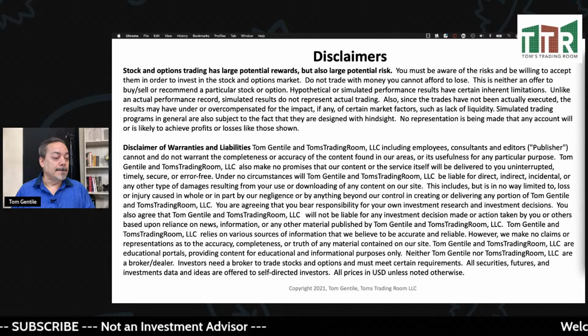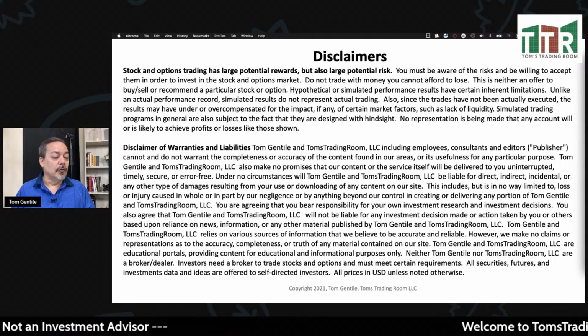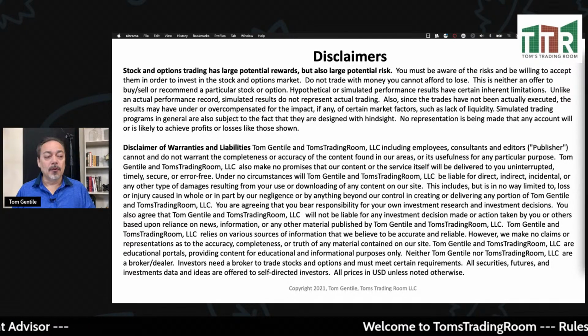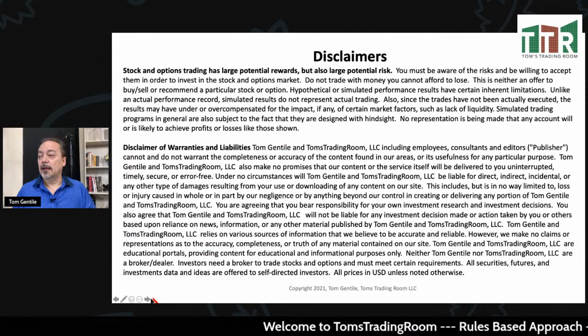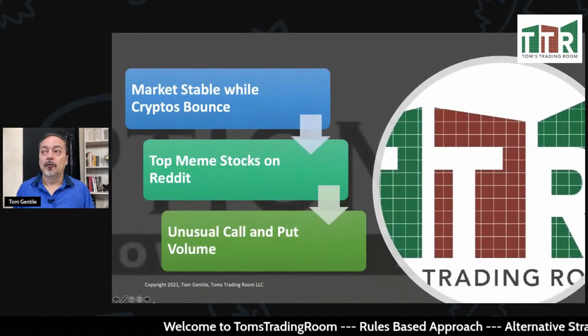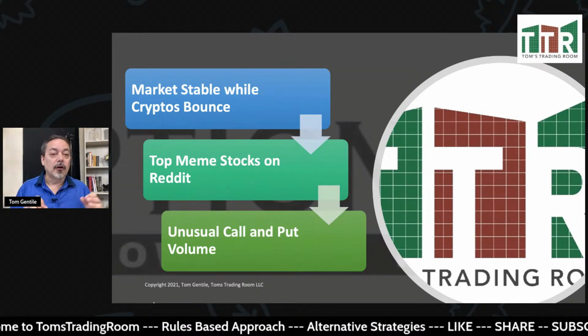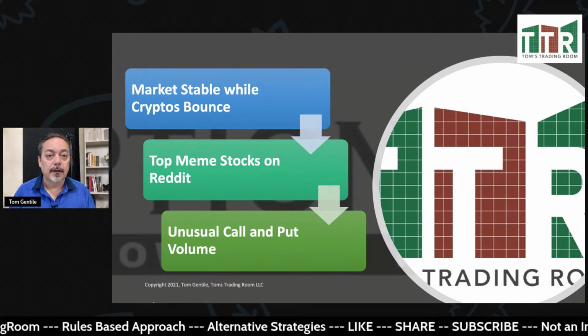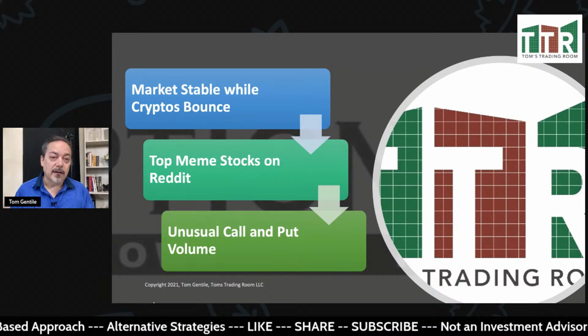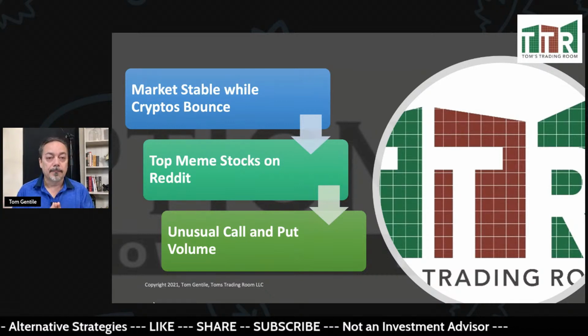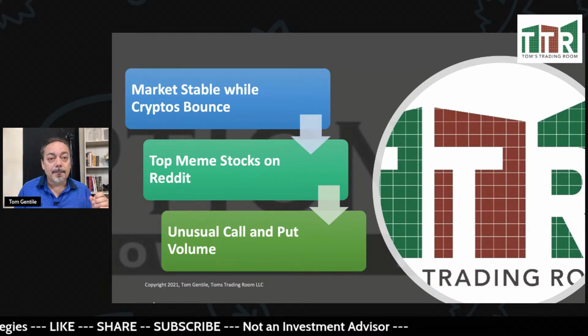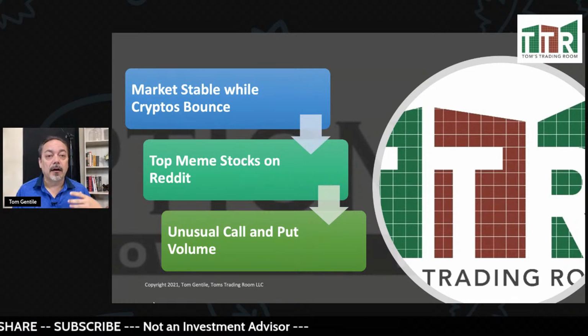All right, so what are we going to do here today? A couple of things I have planned here. Like I said, if you just jumped on a little late, markets are stable today. Crypto's had a bounce. Crypto did something this weekend that it has not done in over a month. It's actually gone up over the weekend.